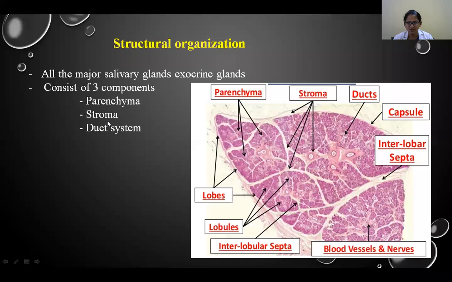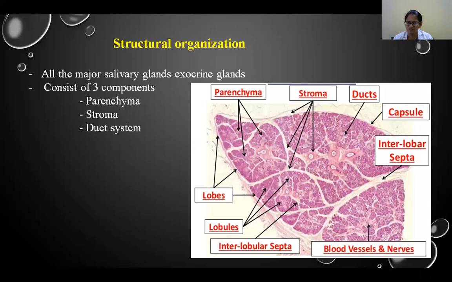Whereas coming to the stroma, the stroma consists of the capsule. See, this is the capsule of the gland. This capsule invaginates into the gland and forms septa.